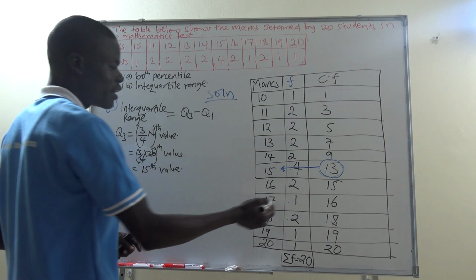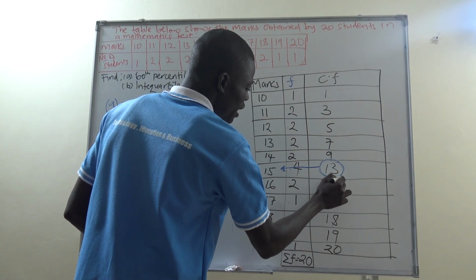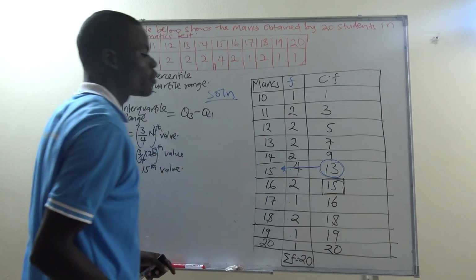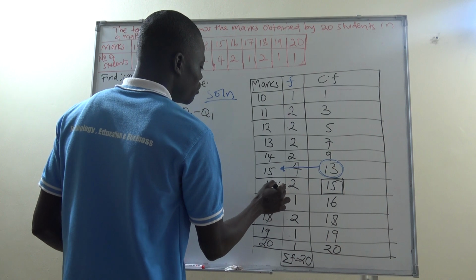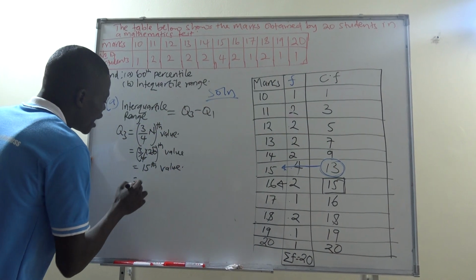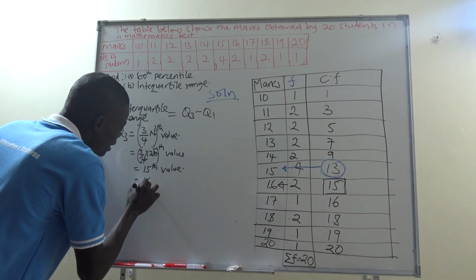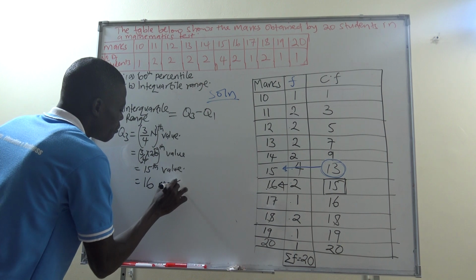So the 15th value becomes our 15, so we shall use this one because it can go in 15 and it has no remainder. It will obviously mean that the upper quartile will lie in the range of the marks, those who got the 16 marks.